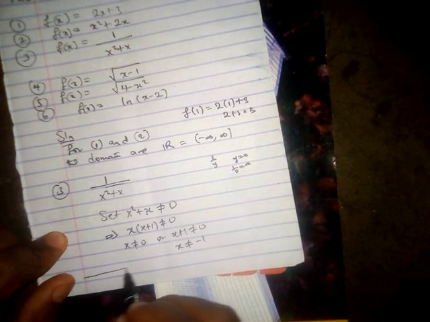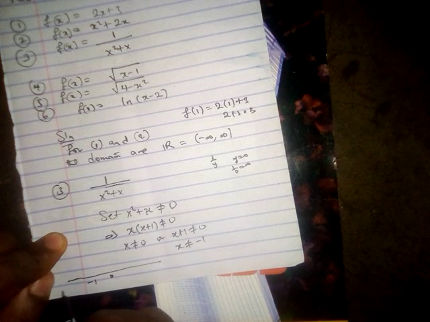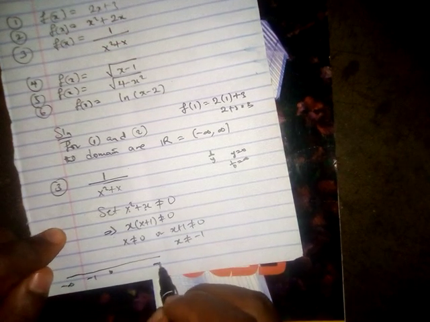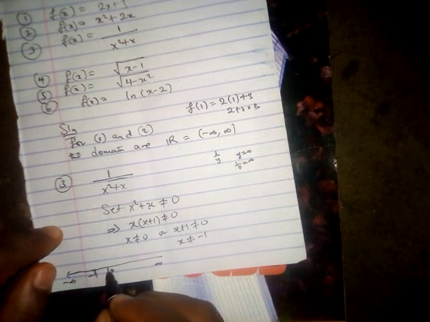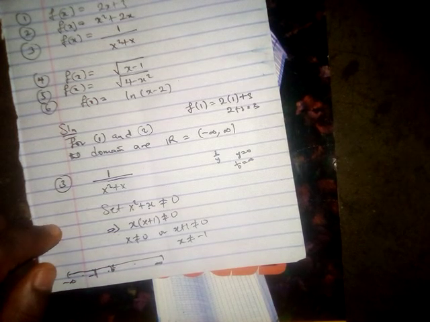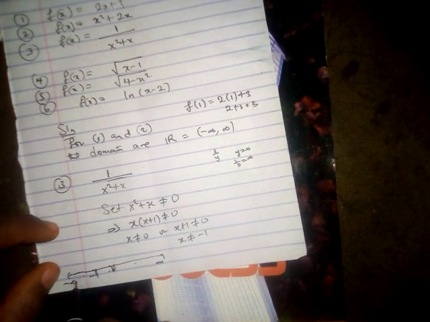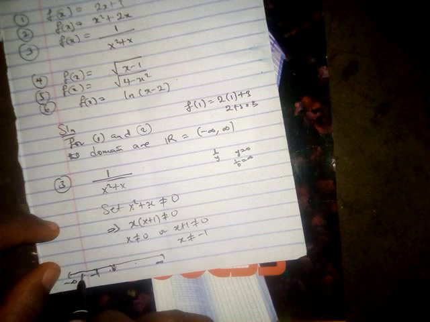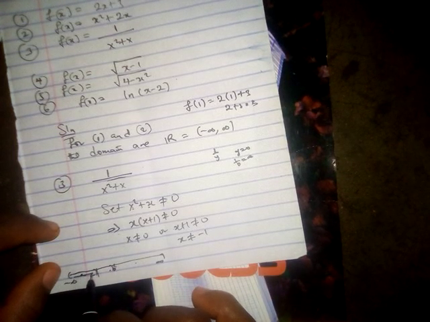Now let's sketch this. If we have this as 0, this as minus 1, this as minus infinity, and this as infinity, we can see we have about 3 intervals. Now we want to test these intervals. By testing an interval, it means that if I pick one value from here and it is true for this value, definitely it's true for every other value in between.